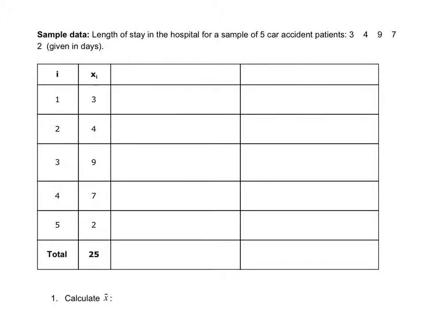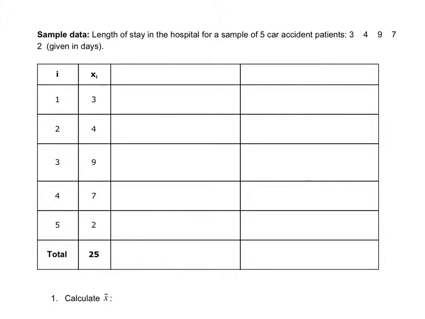Here we're using some notation. We're using i as an index, so we have 5 sample values and i ranges from 1 up to 5. The x sub i values are those 5 data values: 3 days, 4 days, 9, 7, and 2. And I give a sum there of 25.